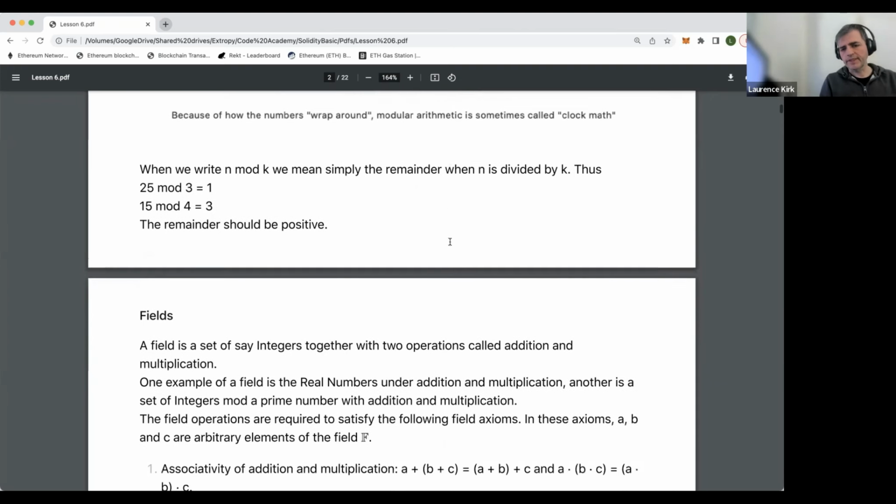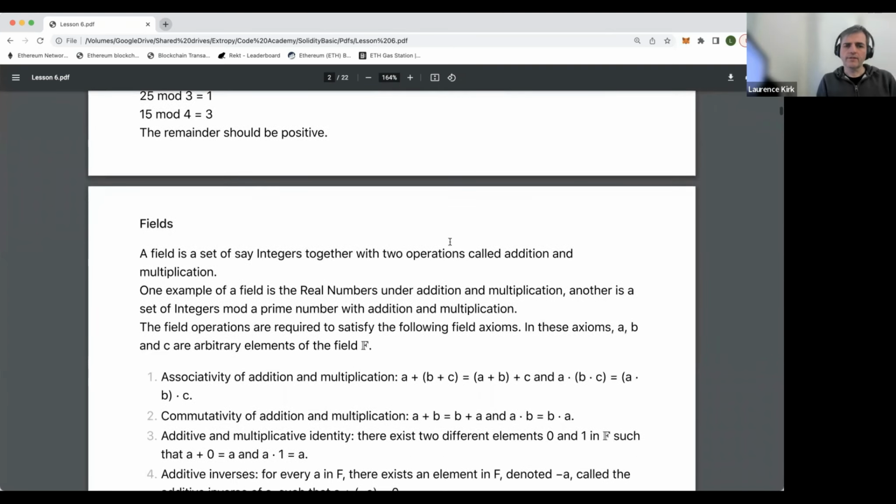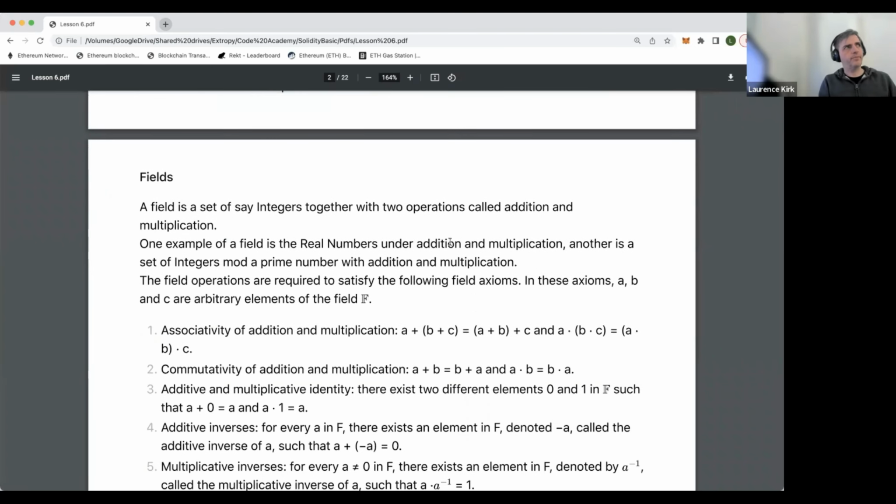And then, I said I'd come up to fields, and these are the basic things that we use when we're doing cryptography, and we're doing elliptic curves, and when we're doing zero knowledge proofs. Fields are kind of an abstract concept in maths, but they're quite simple if you just take them at face value. What you do is you say, we're going to do our maths, but we're only going to use integers, and then we're going to work out some special rules for how we do some operations.